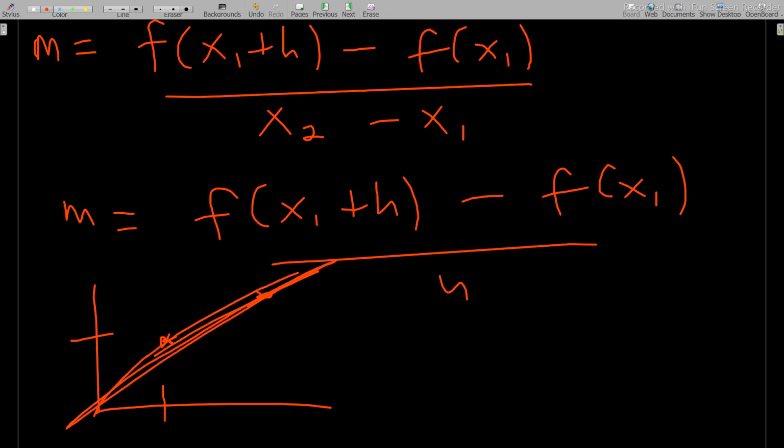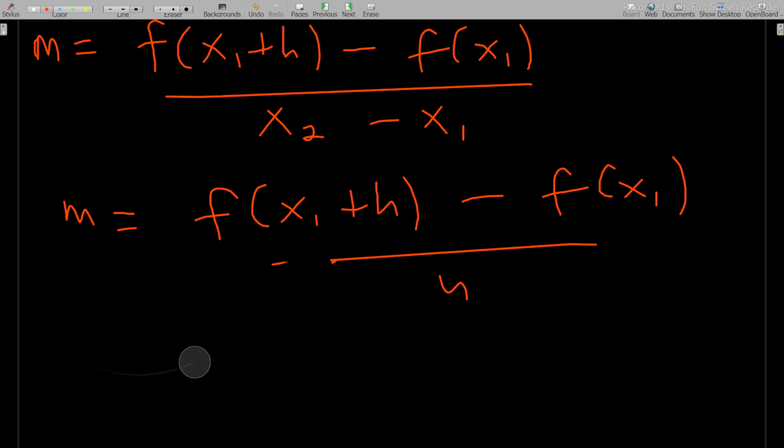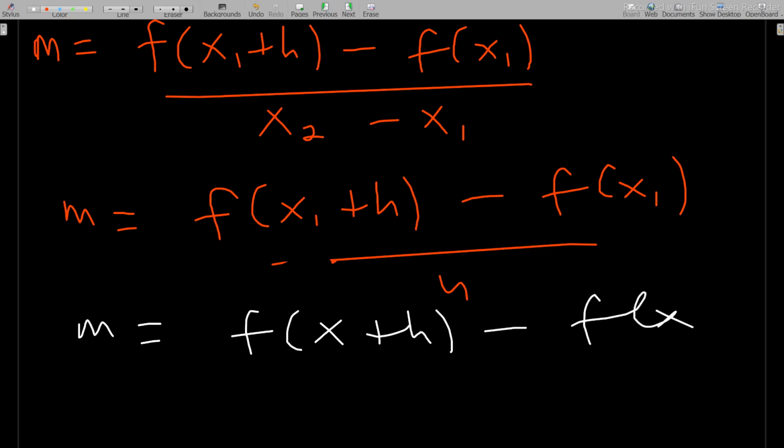For every point on this graph, we can generalize x1 and call it x. For every x you pick, the gradient is equal to f of x plus h minus f of x, over h.